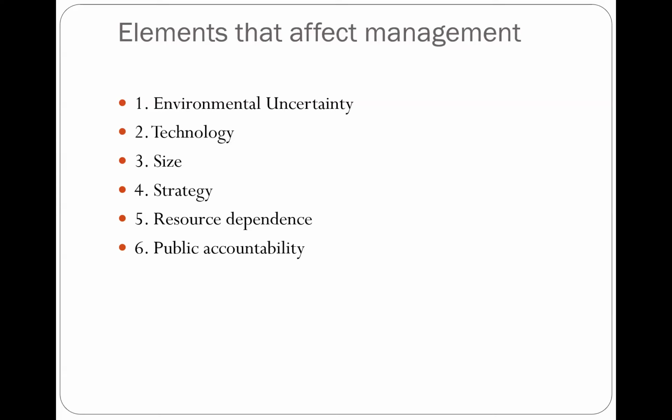Another element that affects the management of the organization is technology. The type of technology being used by the organization and the rapid growth and change in technology can have an impact upon those organizations as well. We see that in terms of cyber threats and having to protect ourselves from hackers. And we see all these cyber ransoms that are being paid by organizations.